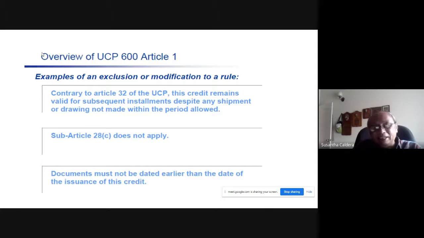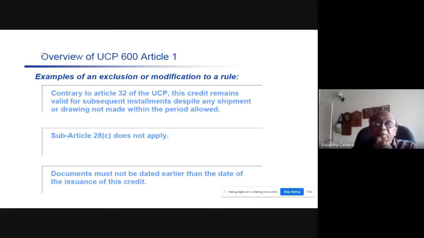But between the buyer and the seller and the banks, if they have some agreement, then they will do. And in that case, that exclusion, we have to put it specifically, right?